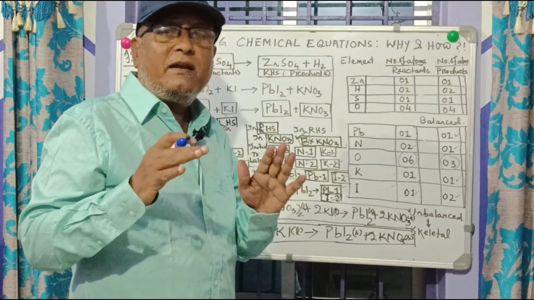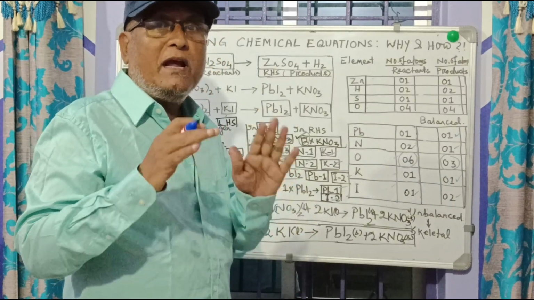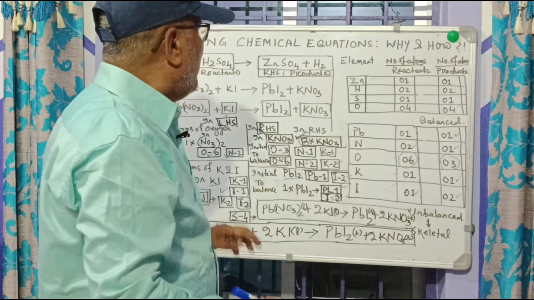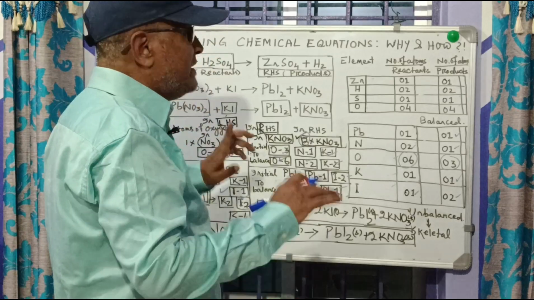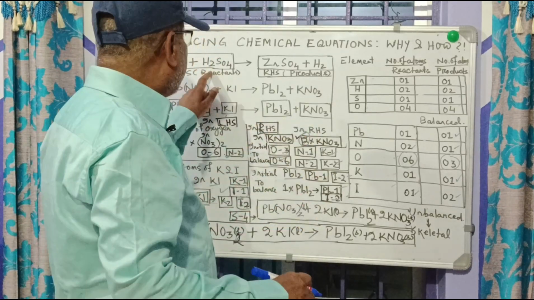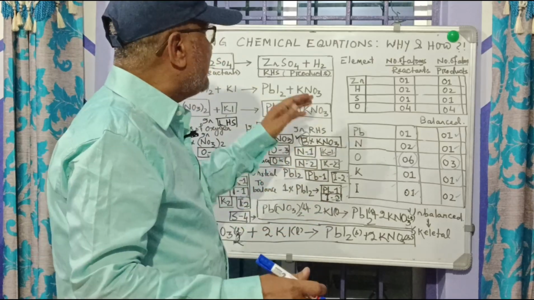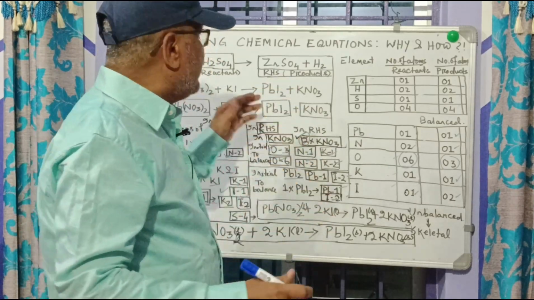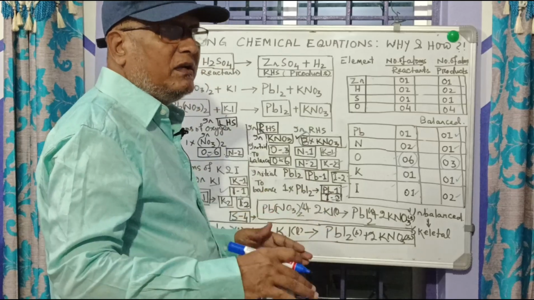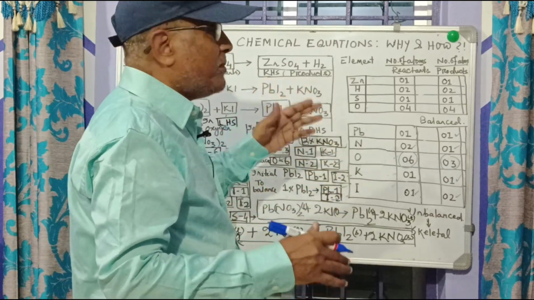And when there are two or more reactants or products, we write a plus sign between them. The reactant may be single or more, and similarly, the product may be one or more.